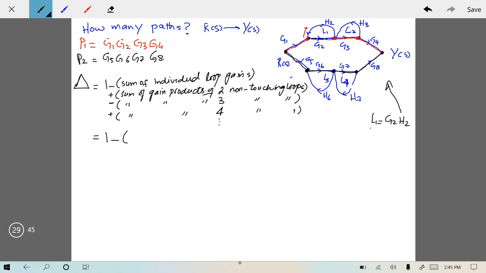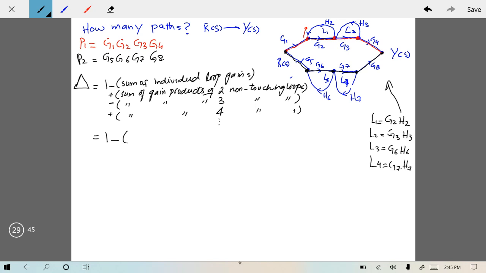Similarly, the loop gain for loop L2 is equal to G3 into H3. The loop gain for loop L3 is G6 into H6. The loop gain for loop L4 is G7 into H7.